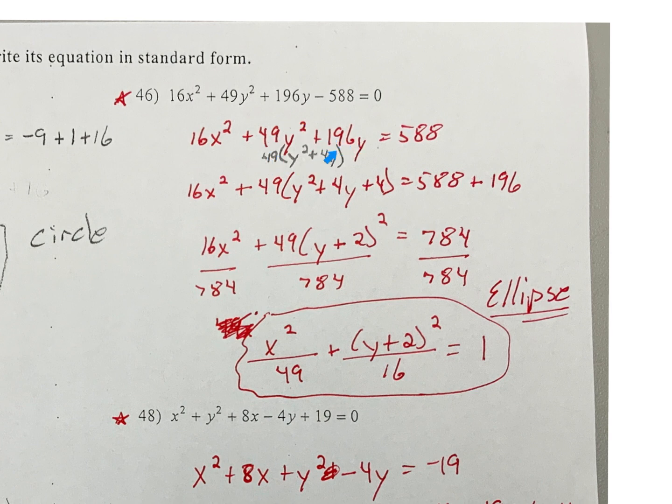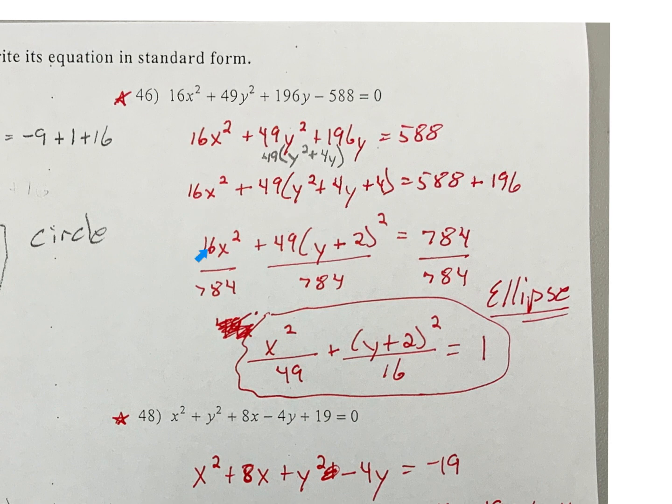So now I'm going to have to complete this square. So 16x squared plus 49 times y squared plus 4y plus 4. That's half of 4, which is 2, and 2 squared is 4. So I'm adding 4 here, but I'm actually adding 4 times 49, which is the 196. So I added 196 to the right side as well.